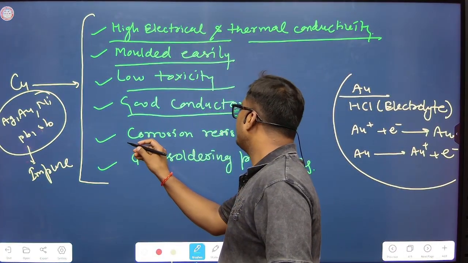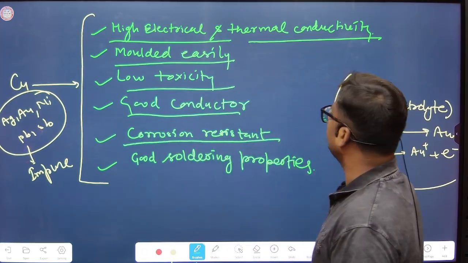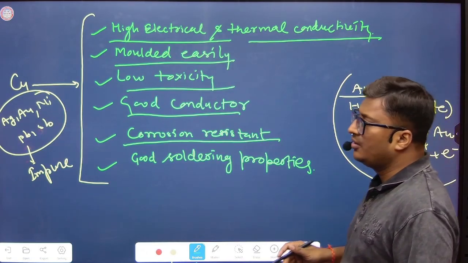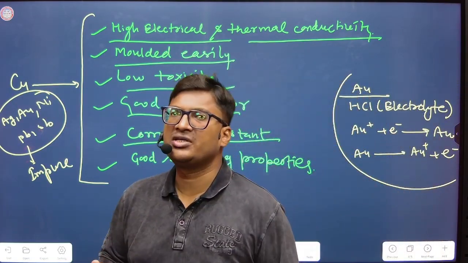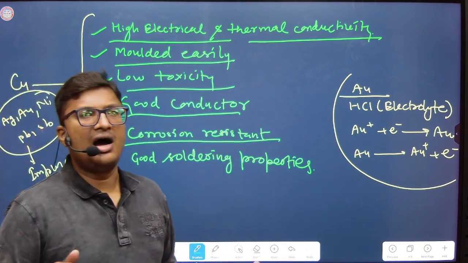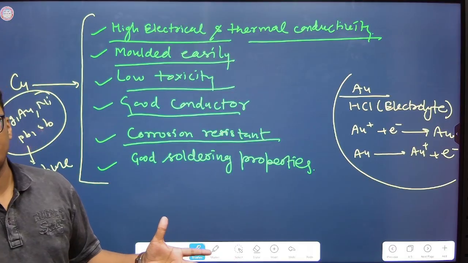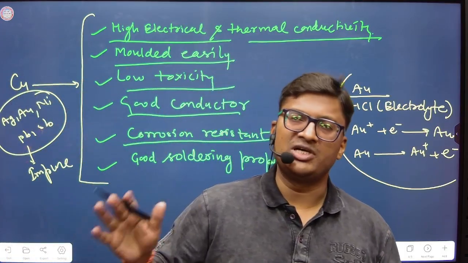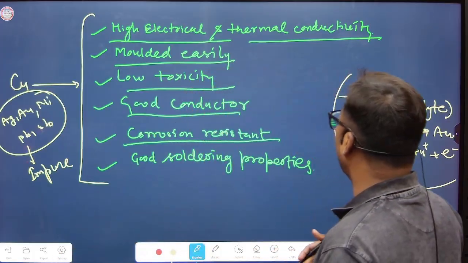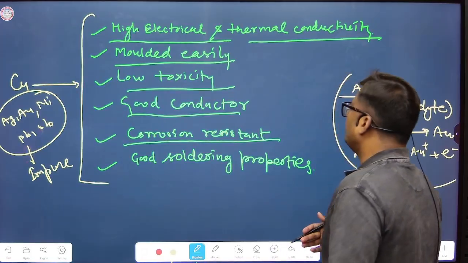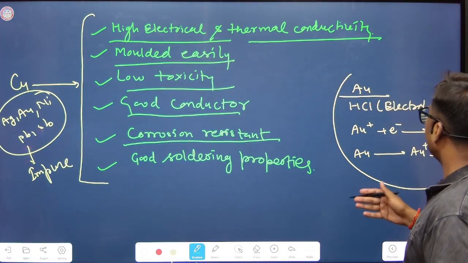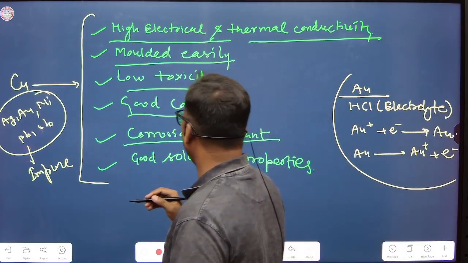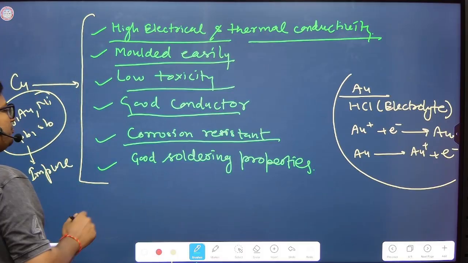And next one is corrosion resistance. So it is corrosion resistant. So it protects from the corrosion of iron or any other kind of material that is easily rusted from moisture or atmosphere. So electrorefining processes are used to prevent the corrosion of a particular kind of metal.